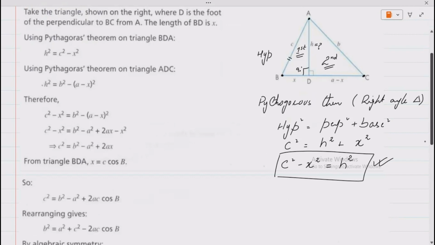Now suppose let's solve the same problem with the second triangle. So again, in the second triangle, this is 90 degrees. The side opposite to it, we know it is the hypotenuse, so it is the largest side in the triangle, right?